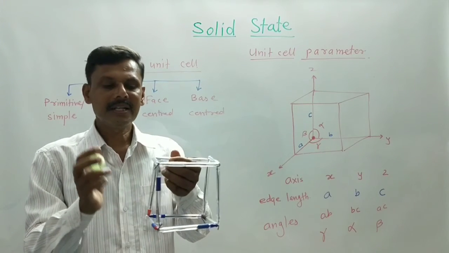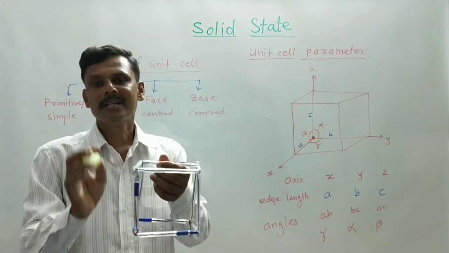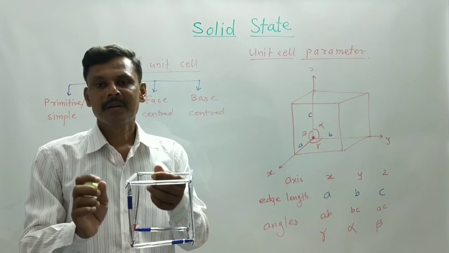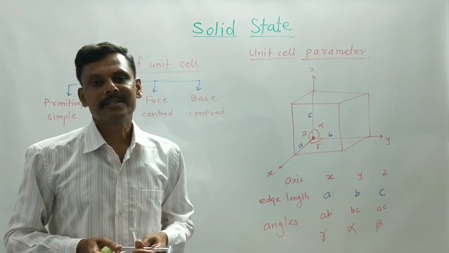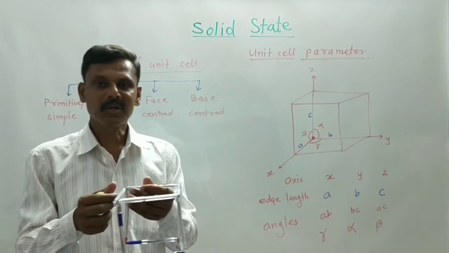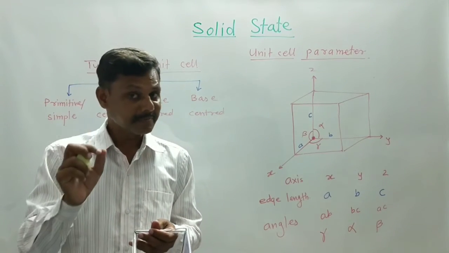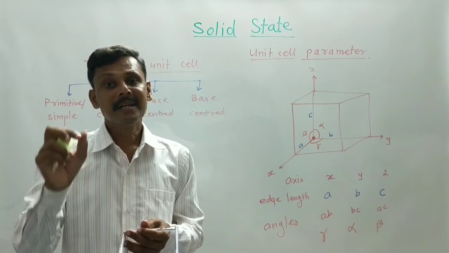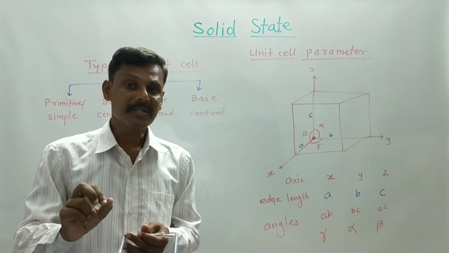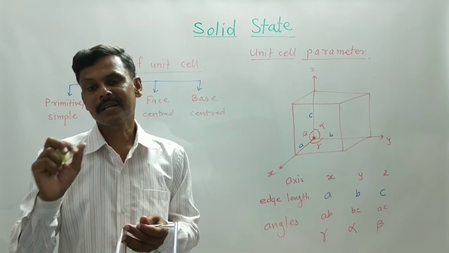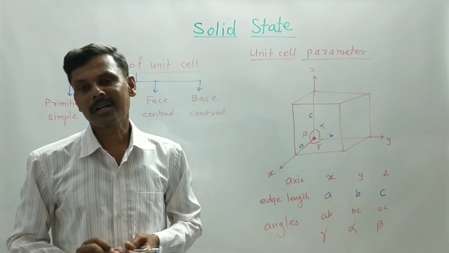All 8 corners are occupied by constituent particles. So this arrangement is called primitive or simple. I repeat, in a primitive or simple unit cell, constituent particles are present at its corners.